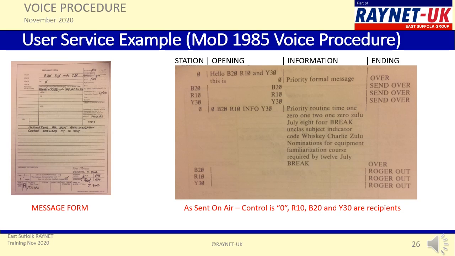Priority routine, time 101210 Zulu July 84. Break. Unclass, subject indicator code Whiskey Charlie Zulu. Nominations for equipment familiarization course required by 12 July. Break. Over. Roger out. Roger out. Roger out.